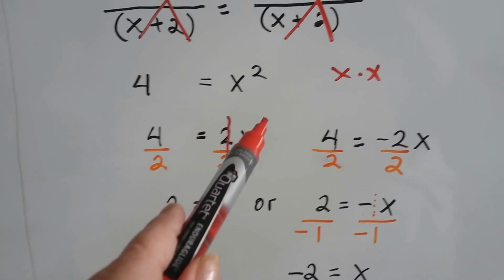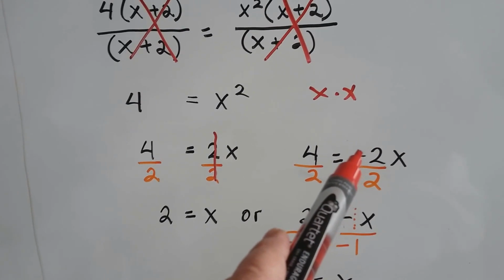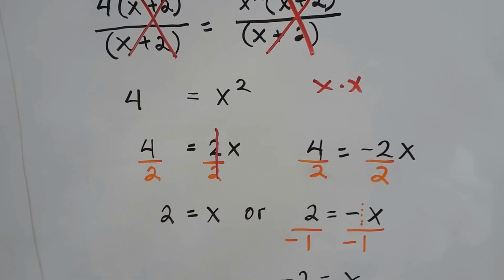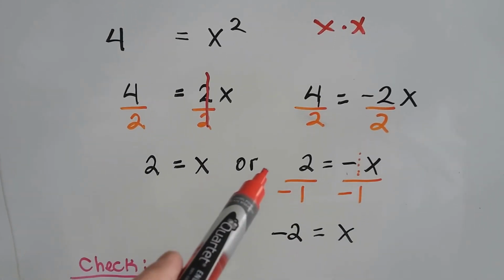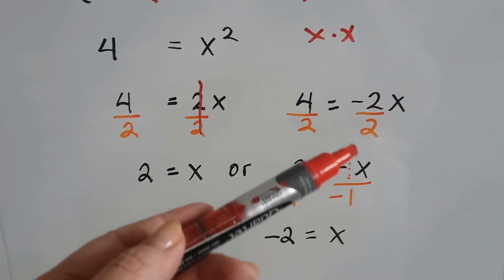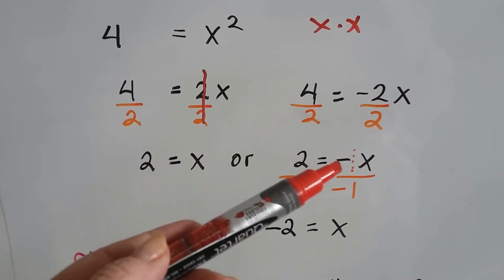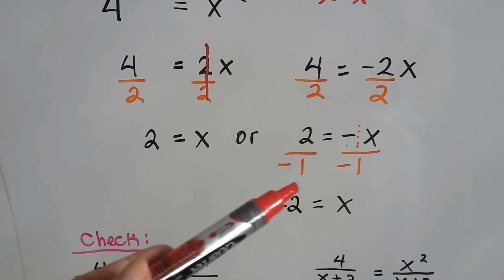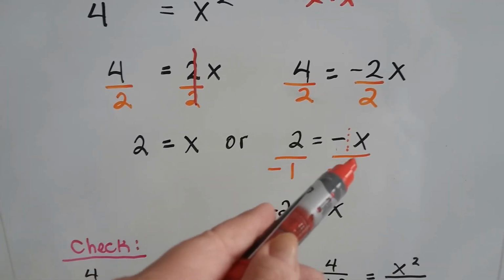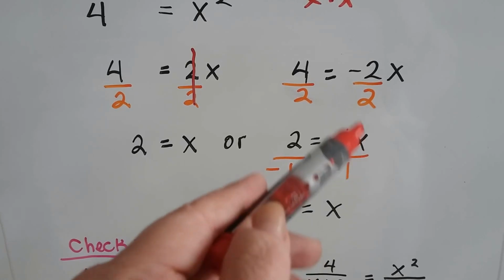Now remember, negative 2 times negative 2 can also be a positive 4, can't it? So we can actually say that it's negative 2x to be a positive 4. And to move the negative to the other side, because our friend the invisible 1 is there, we can just divide both sides.